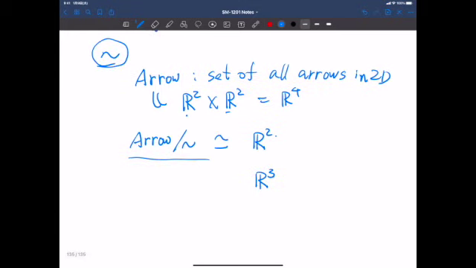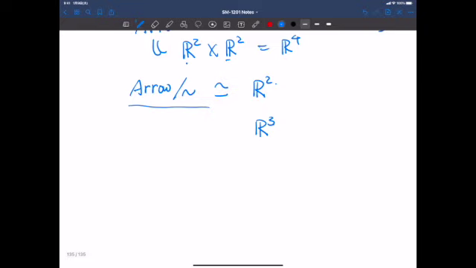And in the case of 4 dimensions, we need to specify 8 real numbers. So that is actually 8-dimensional space. But if we introduce this quotient set, then that will be just 4-dimensional space, and so on.